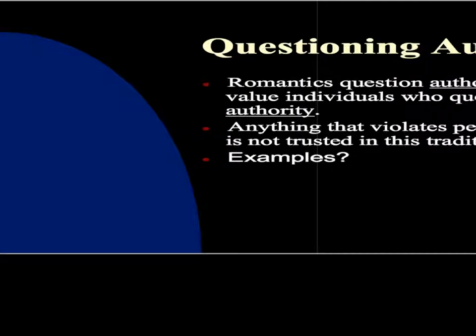The next characteristic we'll be discussing is their questioning of authority. Romantics questioned authority and valued the individuals who did so as well. Anything that violates personal liberty is not trusted in this tradition. Therefore, Mr. Rivas telling you to stay seated or go home and watch this video would be seen as my violating your personal liberties.